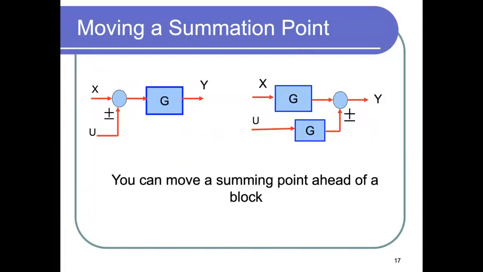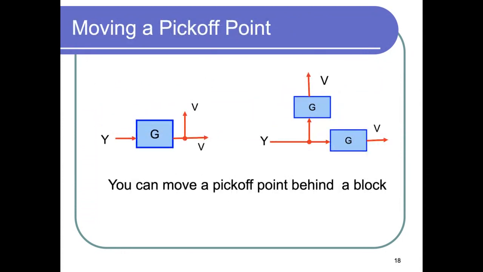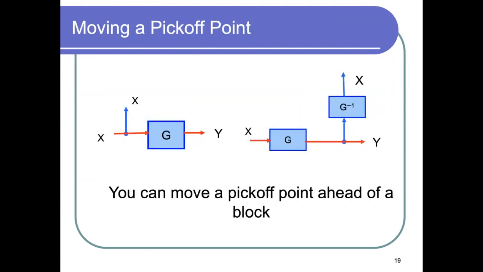Or you can move it after the block, then you multiply by G. For pickoff points, if you want to move it to before a block, then you multiply by G. Then if you want to move it to after a block, then you multiply it by G inverse. So these are some simple rules that are very intuitive that we will use in order to do block diagram reduction.